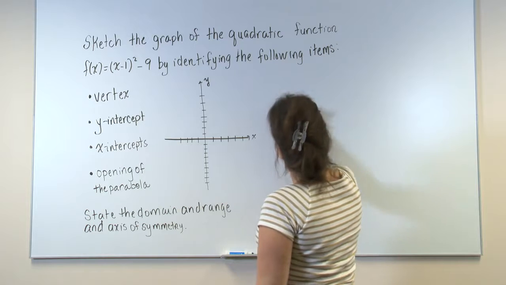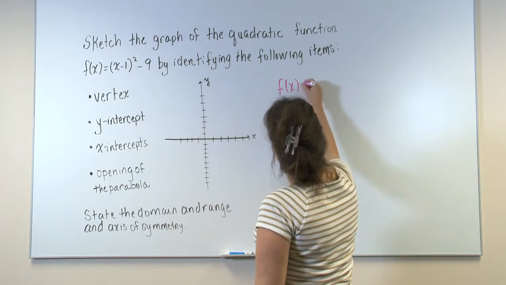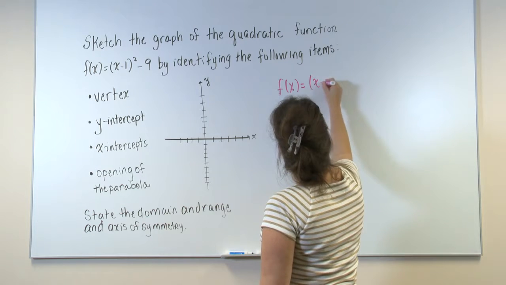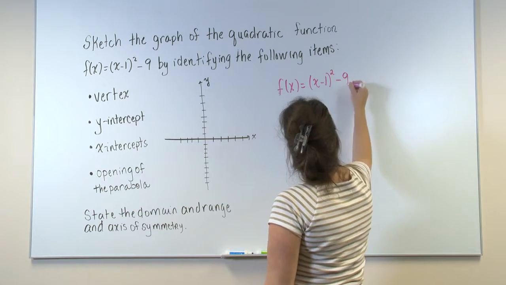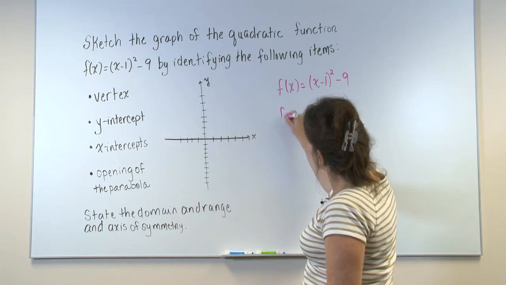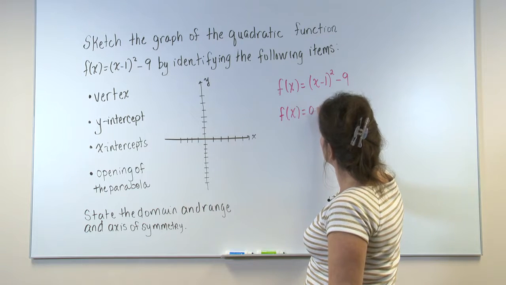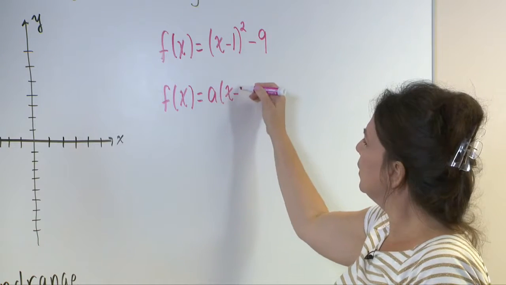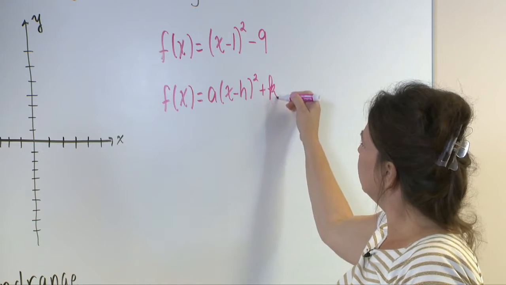So we have the function f of x is equal to the quantity (x minus 1) squared minus 9. This function is in standard form. Standard form is f of x is equal to a times (x minus h) squared plus k.